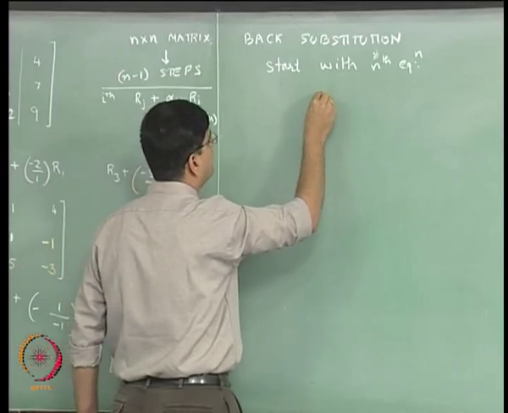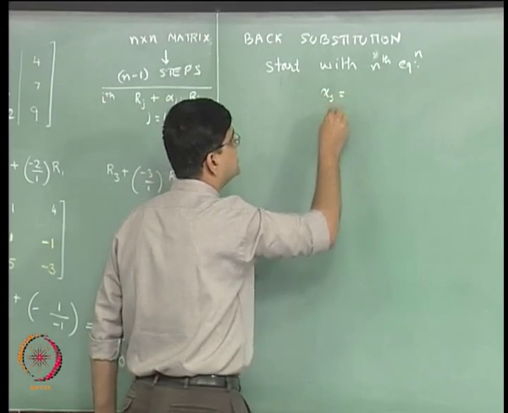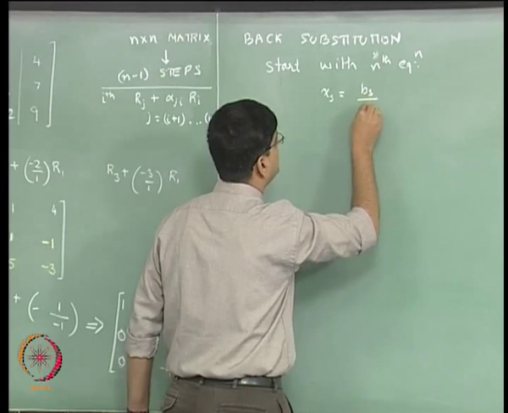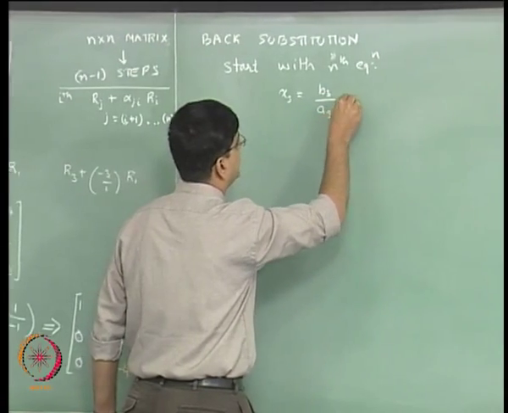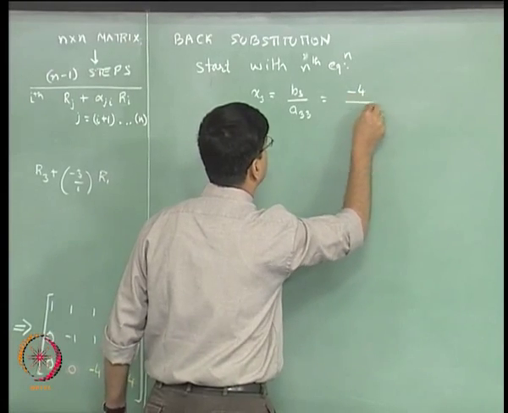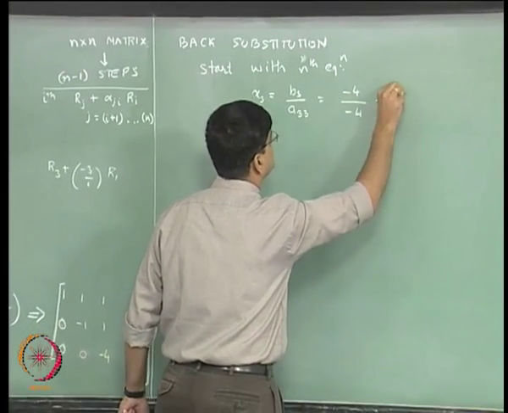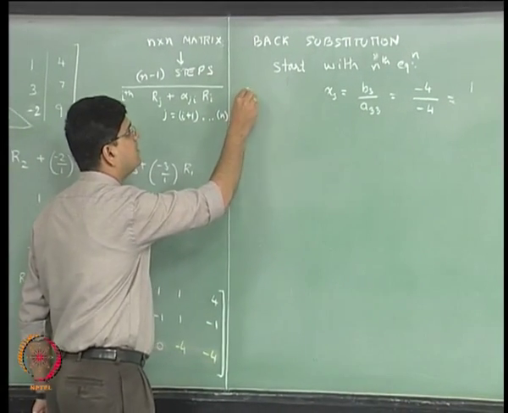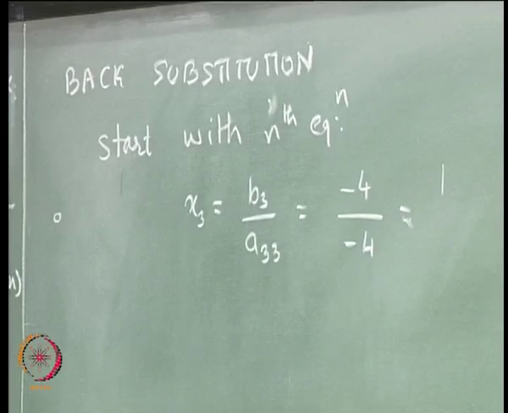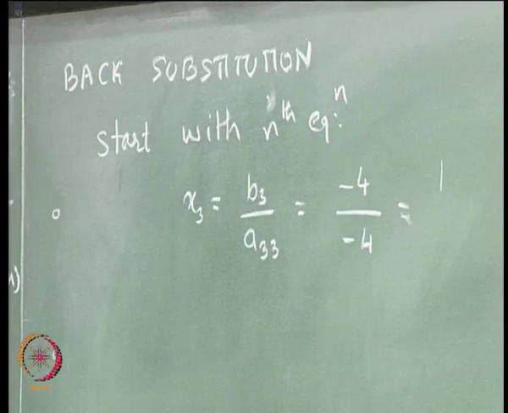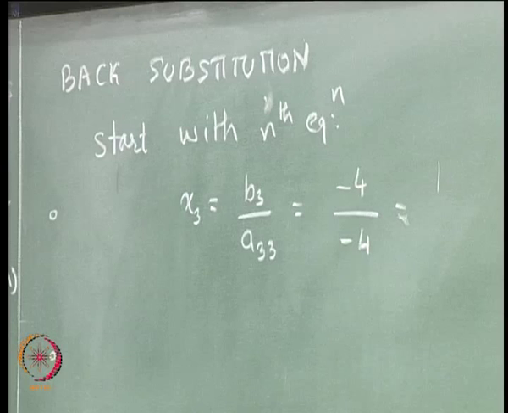Okay. So our xn, in this case x3, is going to be equal to just b3 divided by a33, which is just minus 4 divided by minus 4, which is equal to 1. Okay. So that is the first step in back substitution. The second step is to use the n minus 1th equation in order to get xn minus 1.